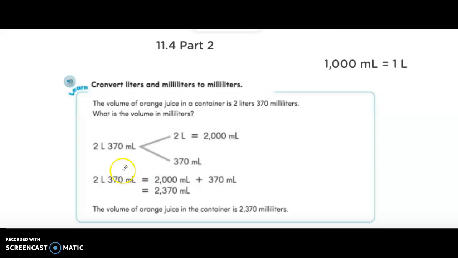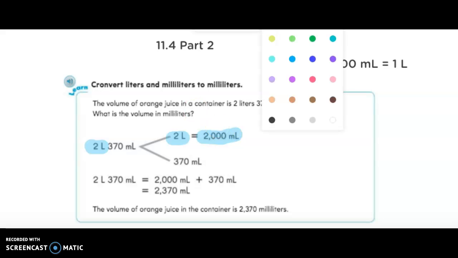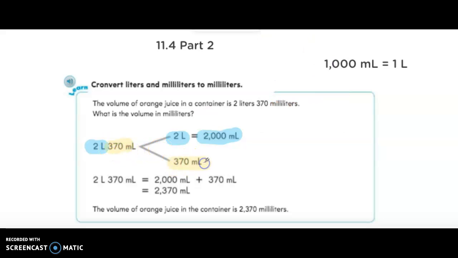So we separate our 2 liters over here, and we think 2 times 1,000 because there are 1,000 milliliters in a liter. And then we can't forget about what is left, and we still have 370 milliliters left.